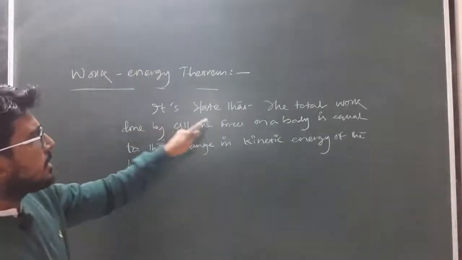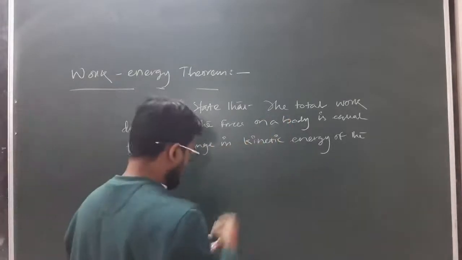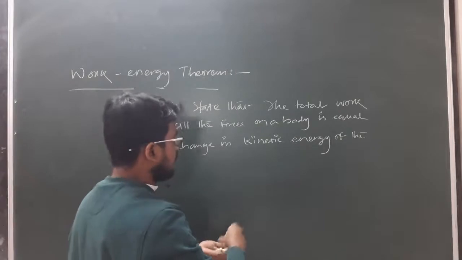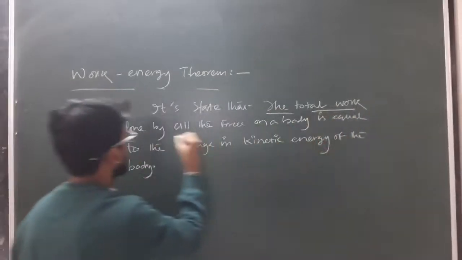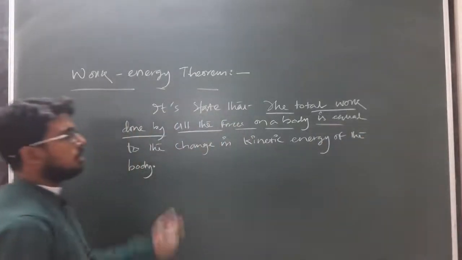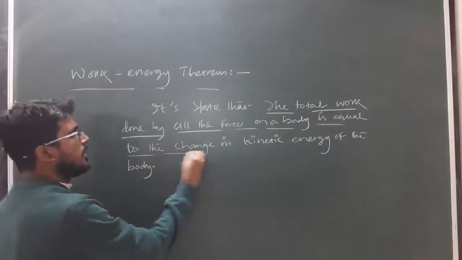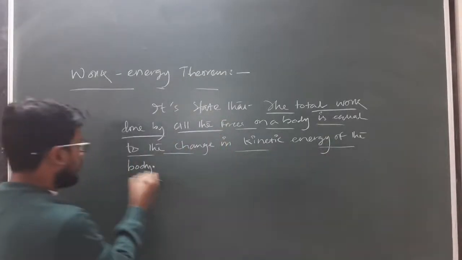So it states that the total work done by all the forces, whatever may be the force acting on the body, the net work done due to all the forces is equal to what? The change in kinetic energy of the body. This is the statement.